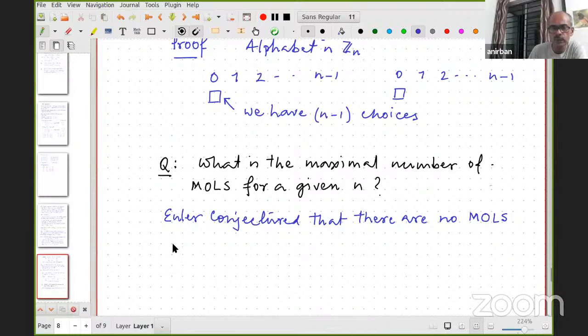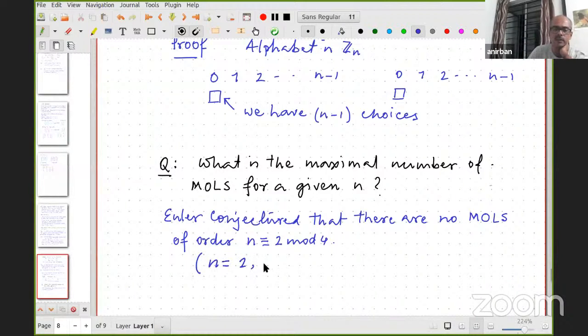There are no mutually orthogonal Latin squares of order n, which is congruent to 2 mod 4. So if you take an integer which is 2 mod 4, that is n is 2, then 6, then 10, then the next one is 14, and so on.